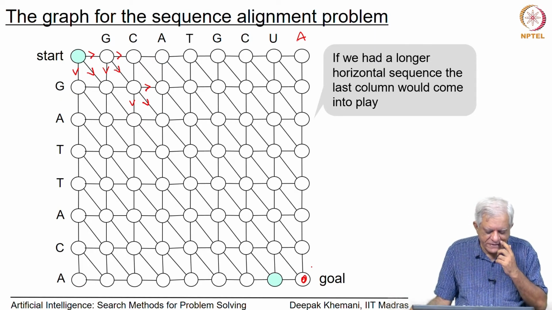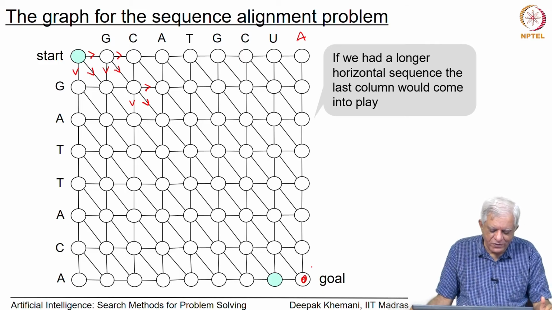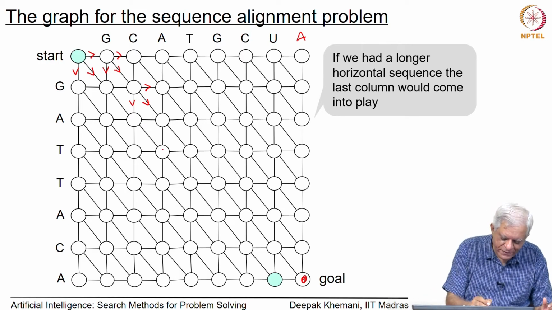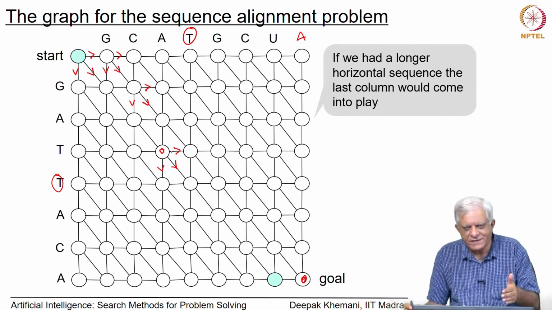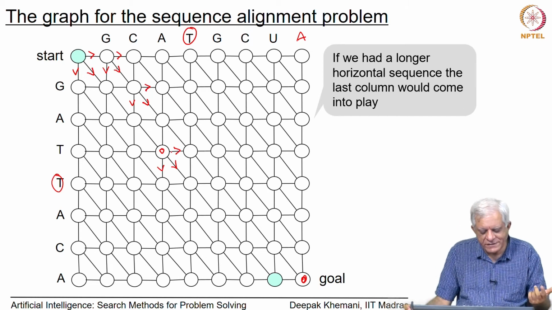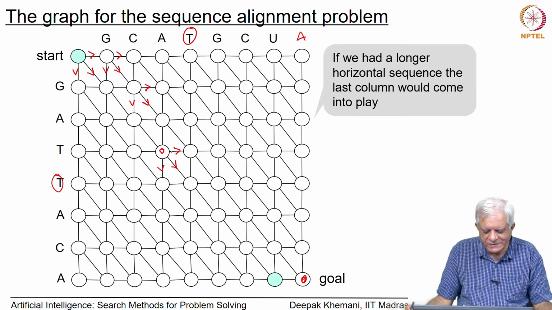So, supposing you are here, then the question you are asking is, should I match this T with this T, and then I would move in this direction, or otherwise if I were to insert a blank, I would move either here or here. So, at each stage you are considering two characters, and making one of the two decisions, and eventually you will come down to the goal essentially.